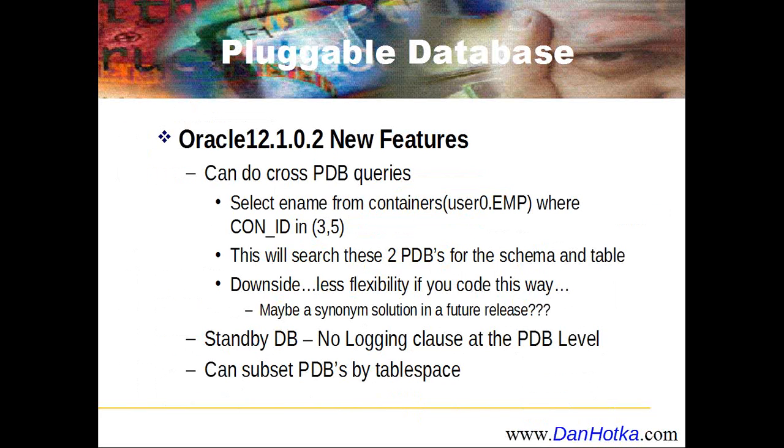So you don't need to set up database links. This should be a whole lot faster. The downside, do pay attention to the downside here though. The downside is it's less flexible if you code this way. I'm hoping to see a synonym for these in the future so that we can code common SQL that is not hard-coded to particular container IDs.